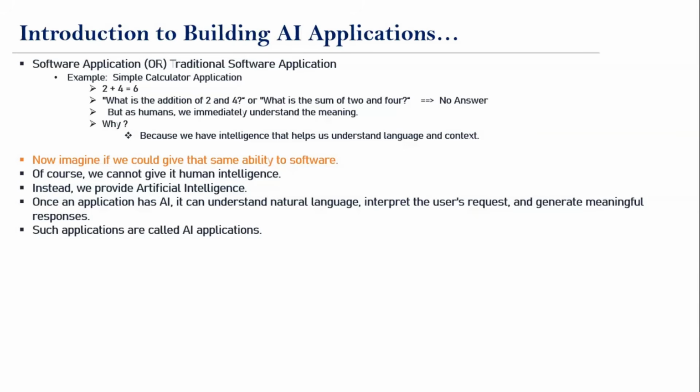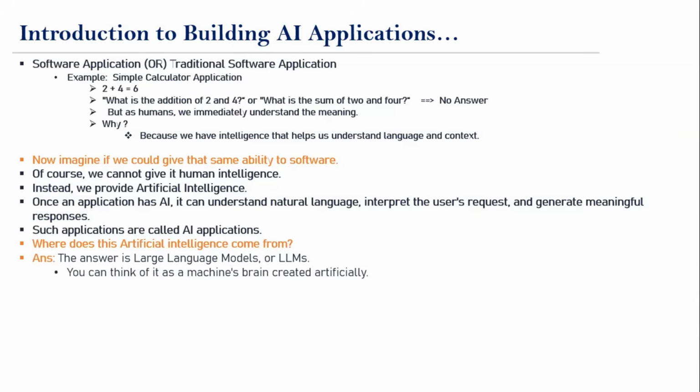Now the important question for building AI applications is, where does this artificial intelligence come from? Simply, the answer is large language models, or LLMs. You can think of it as a machine's brain created artificially.